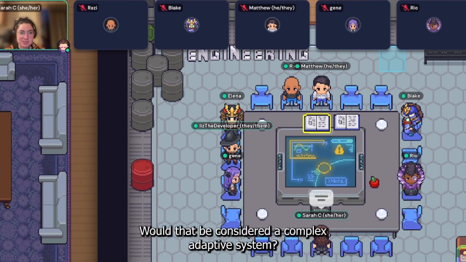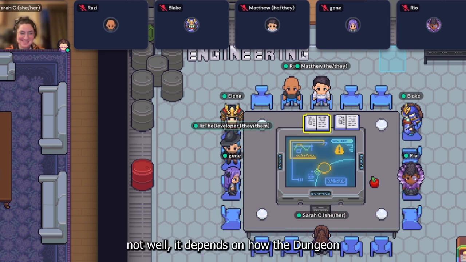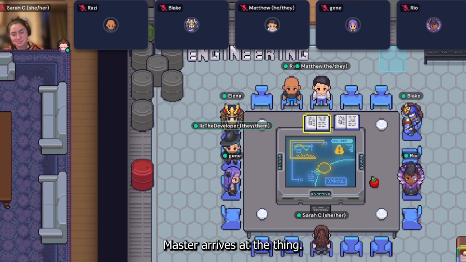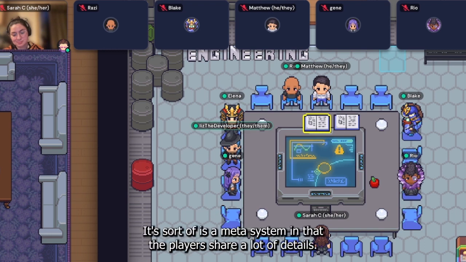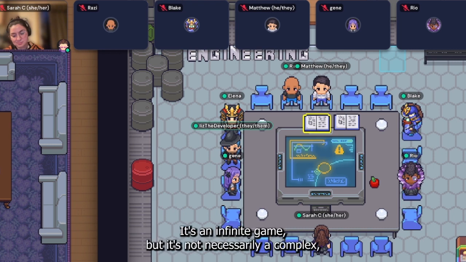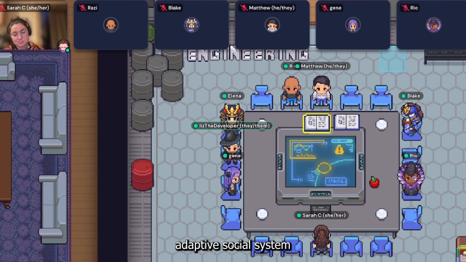Minecraft. Would that be considered a complex adaptive system? Not well. It depends on how the dungeon master arrives at the thing. It sort of is a meta system in that the players share a lot of details. It's an infinite game, but it's not necessarily a complex adaptive social system.